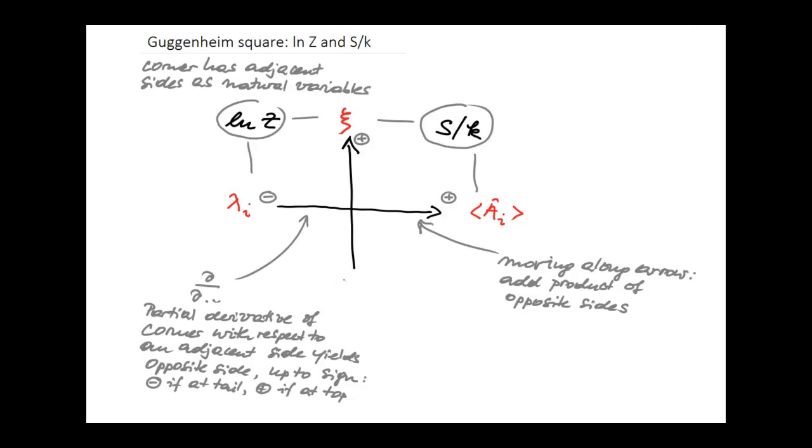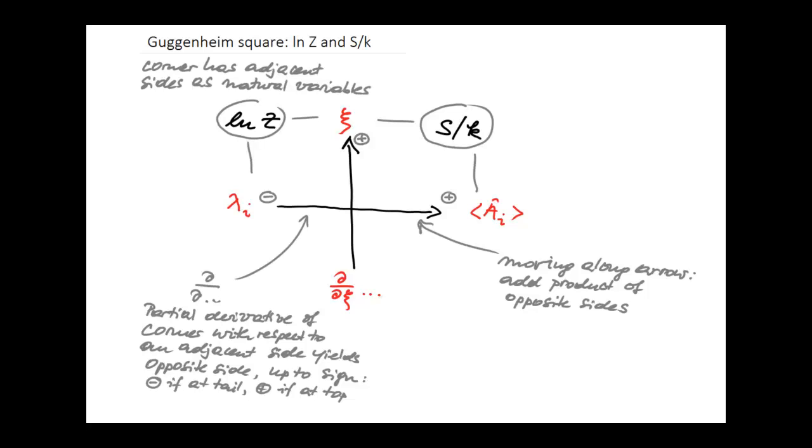Just one thing I want to add, and I do this in a schematic form: I write here the partial with respect to psi of dot, dot, dot, meaning that it doesn't matter how you obtain this lower end of this vertical arrow.